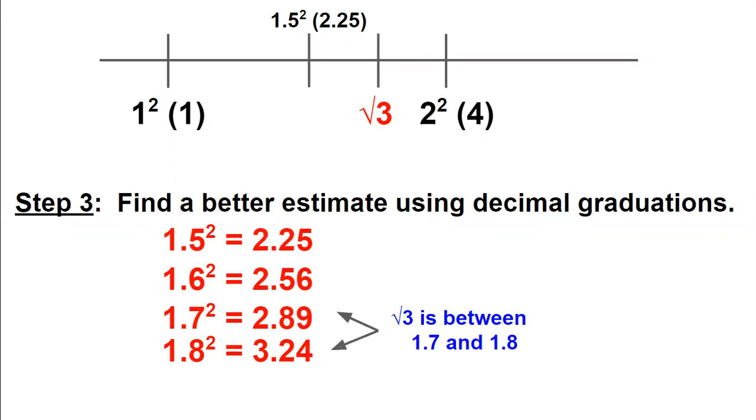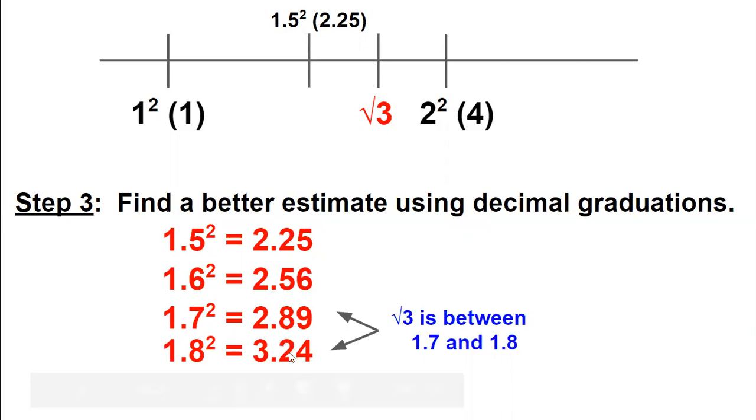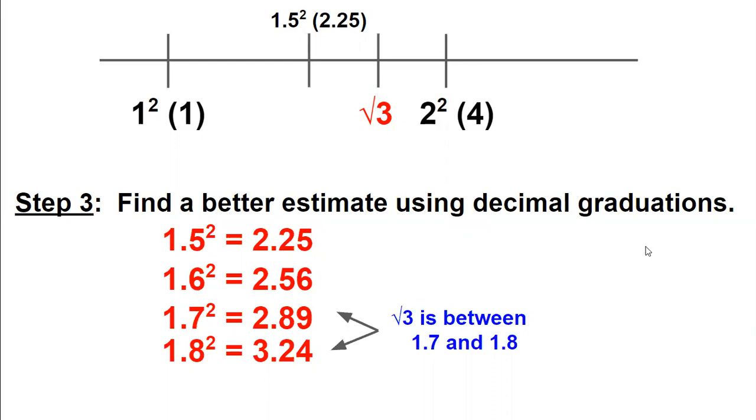So now we know if we did 1.5, 1.6, 1.7, 1.8 squared, 3 is going to be between 2.89 and 3.24. This is where knowing your decimals from back in 6th grade, maybe even 5th grade, are going to come in handy right now. So square root of 3 is between 1.7 and 1.8 squared.